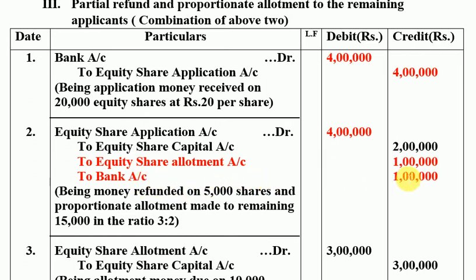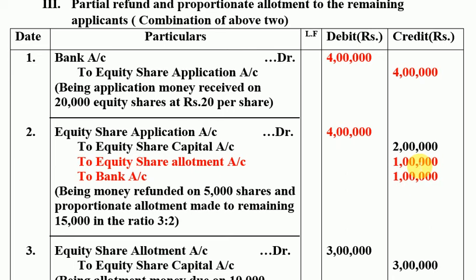You remember 5,000 shares were rejected. So rejection is always the money refunded, which goes to bank account, as in alternative 1. Now out of that 15,000, 10,000 shares were allotted. So 15 minus 10, that 5,000 is in equity share allotment account. 5,000 into 20, and that also makes 1 lakh.